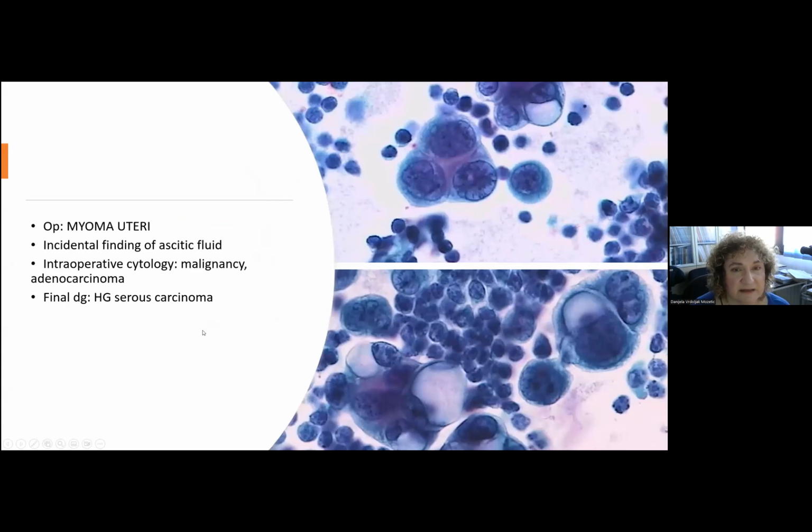Another picture. This was in fact a case of a woman who went on a hysterectomy for the myoma of the uterus, and our gynecological oncologist observed serous fluid and just sent it for routine analysis.